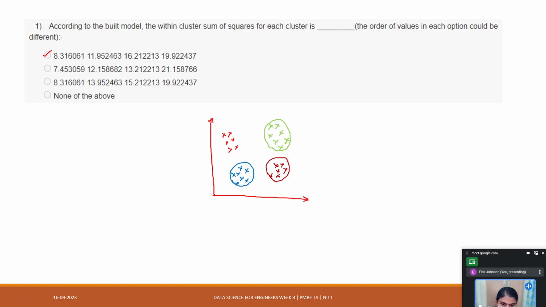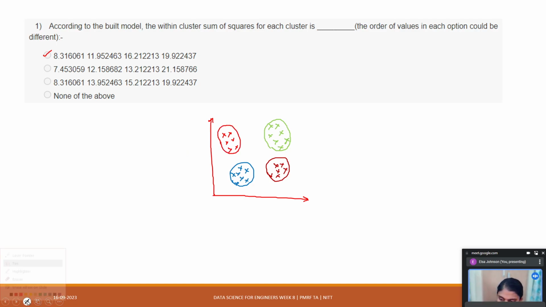So these are 4 clusters. Right now you have found out the within cluster sum of squares.